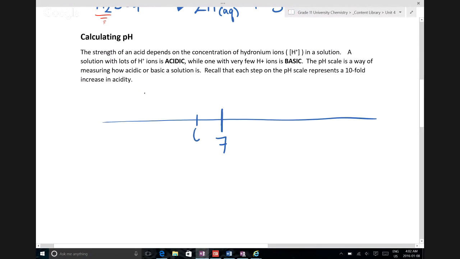And an acid could have a pH of 6, or 5, or 4, or 3, 2, 1, and even as low as 0.